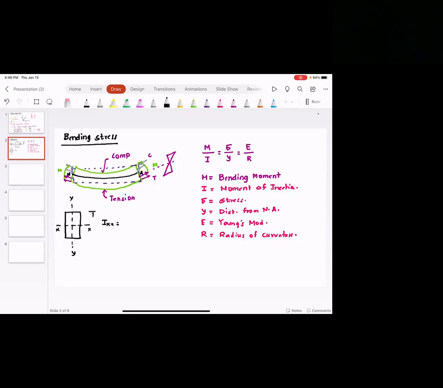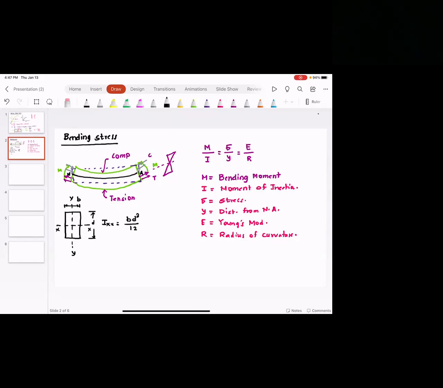If this dimension is D and this dimension is B, it is given as BD cubed by 12. One thing to observe is which dimension is cubed. The dimension which is perpendicular to the axis is cubed.